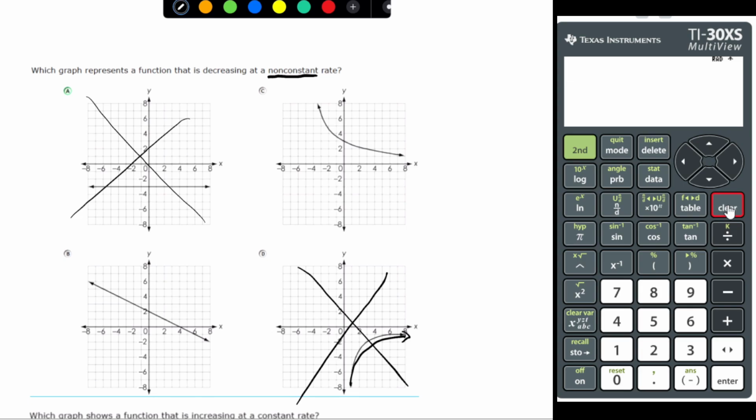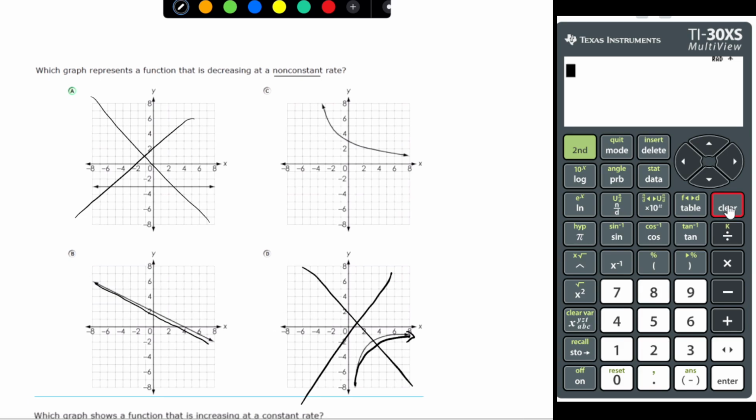The key word here is non-constant. That means that your slope is changing. So here, your slope is pretty much, for the most part, always the same. Hence why it looks like a straight line.